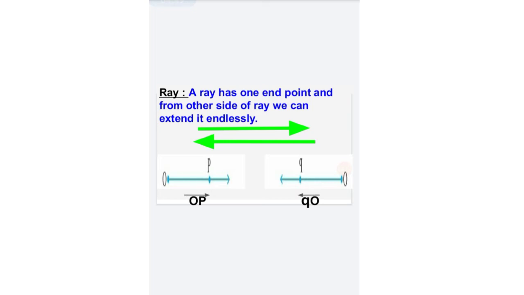Now let's first of all focus on the definition of a ray: a ray has one endpoint, and from the other side of the ray we can extend it endlessly.